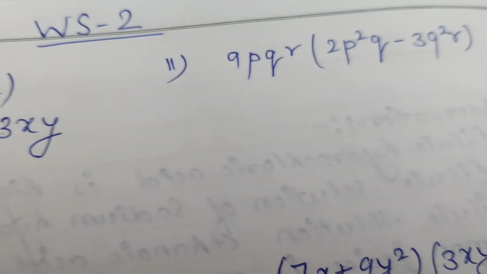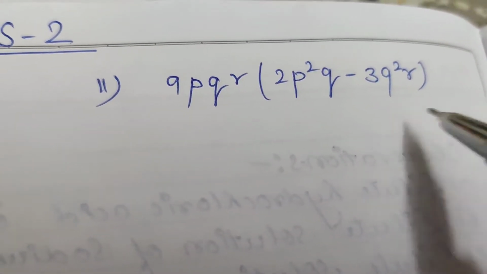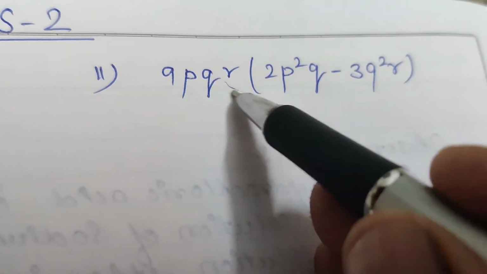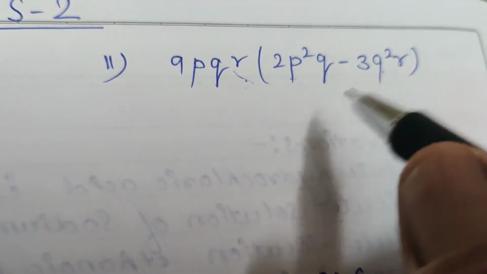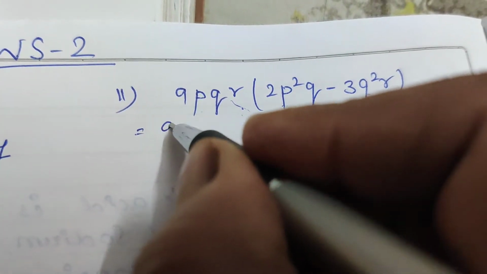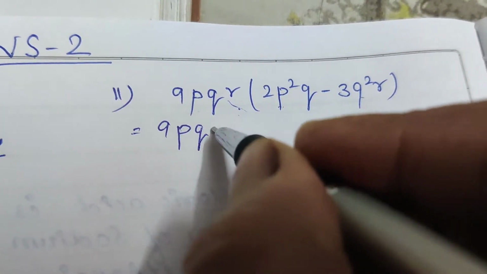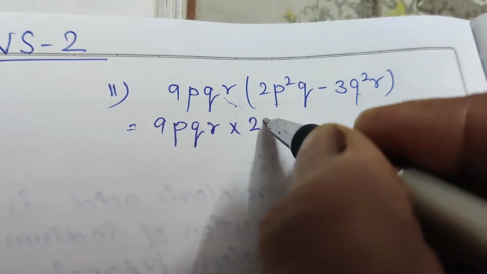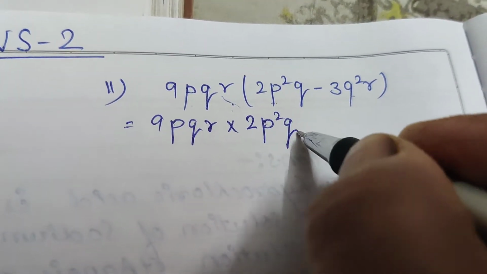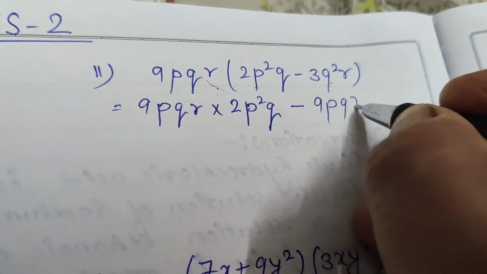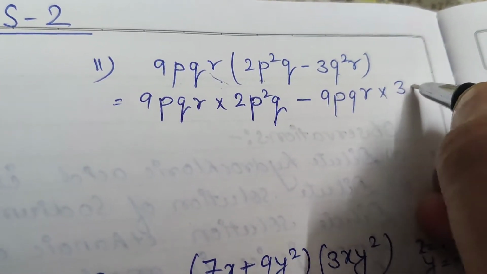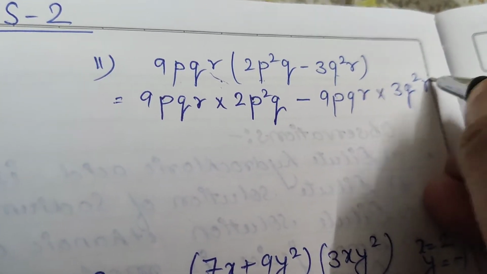Now second. In this second one, 9pqr is a monomial multiplied by a binomial. It has two terms. Now first multiply 9pqr into 2p square q, minus 9pqr multiplied by 3q square r.